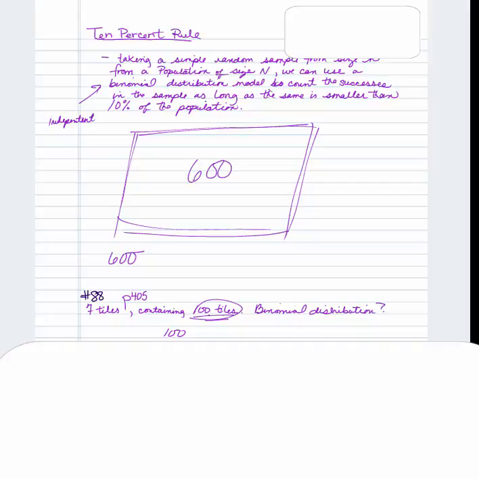Okay, now we're going to get some different answers for things, but as long as 10% of the population is about 60 people, as long as we're talking about 60 people or less than 10% of the population, we can assume they're independent events.